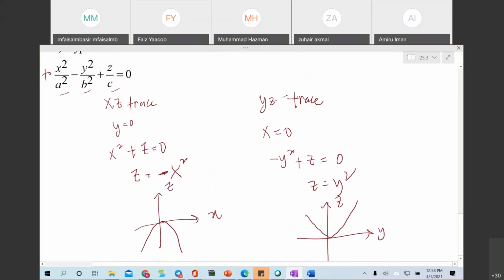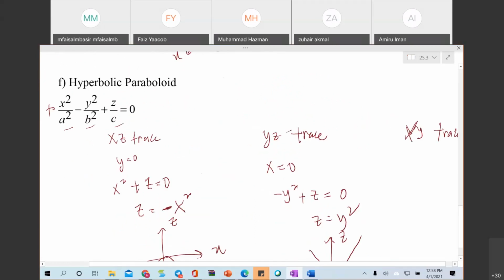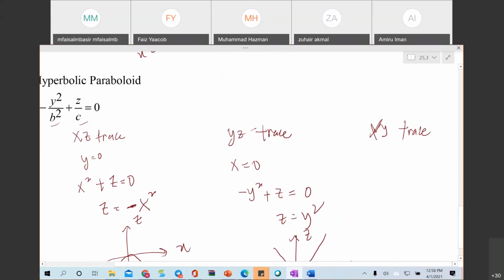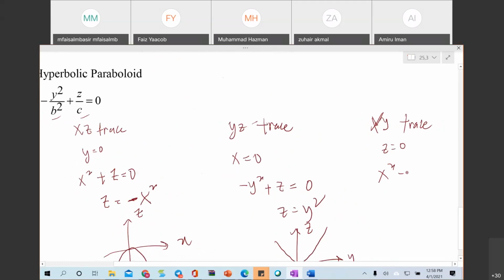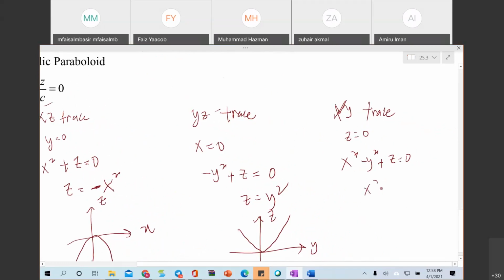Okay. Next, XY plane. So what we have here, Z0. If I put Z0, I have x squared minus y squared plus Z equals to 0. So I will get something like this, which is not okay.